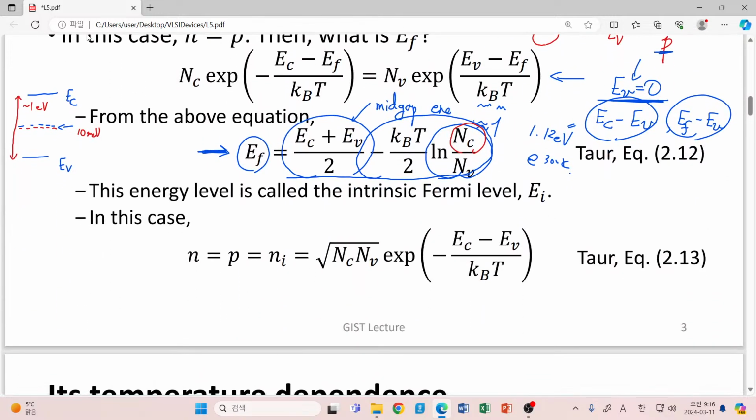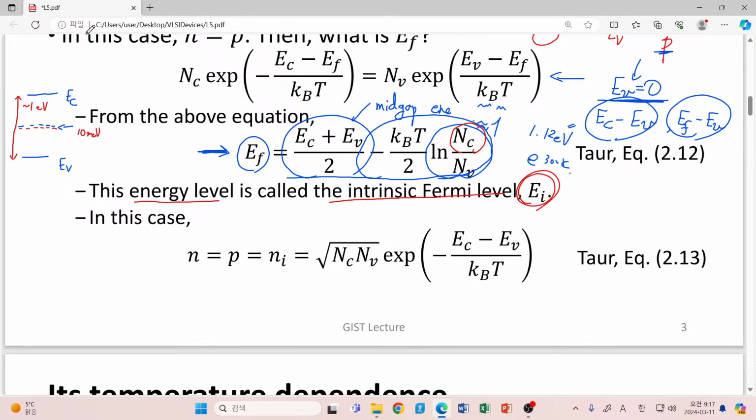So anyway, the energy level when the material is intrinsic, the Fermi level when the material is intrinsic, is called the intrinsic Fermi level, and it is typically called E sub I.